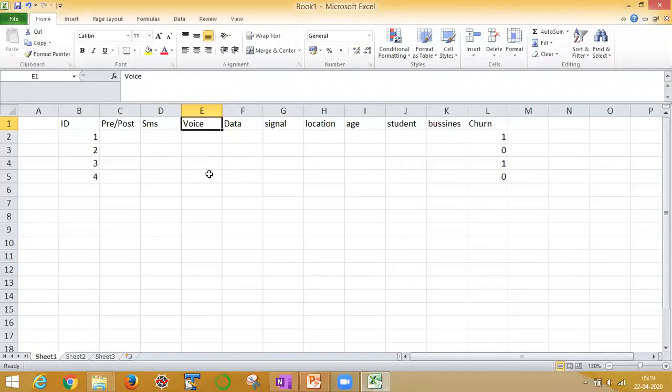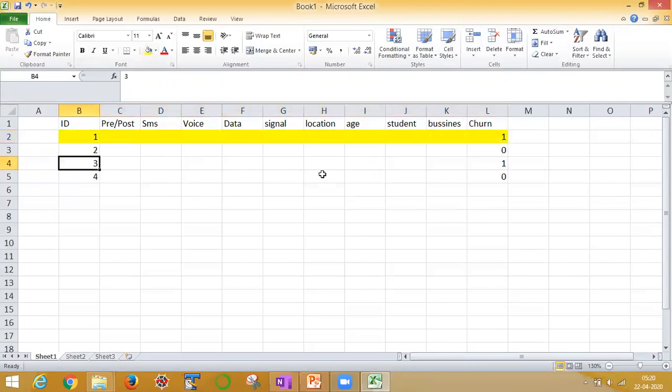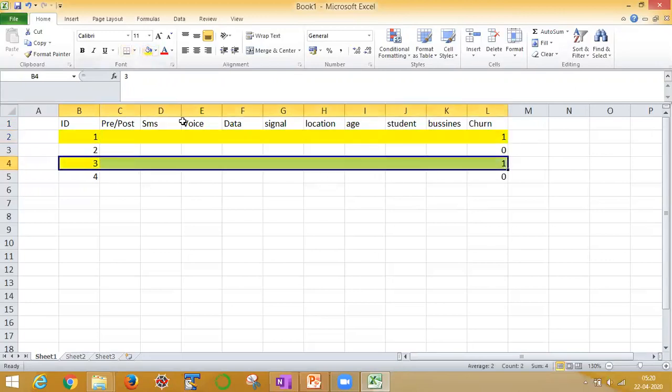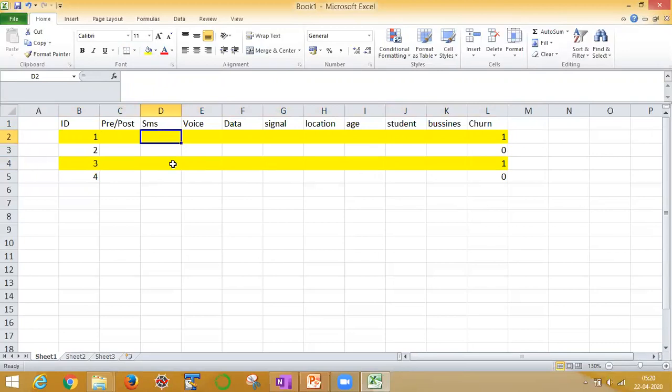Imagine this is the information of the people who are using Aircel, and I could see a few of the customers have left for so and so reasons. I need to find out the common reasons why these people are choosing to leave the services.